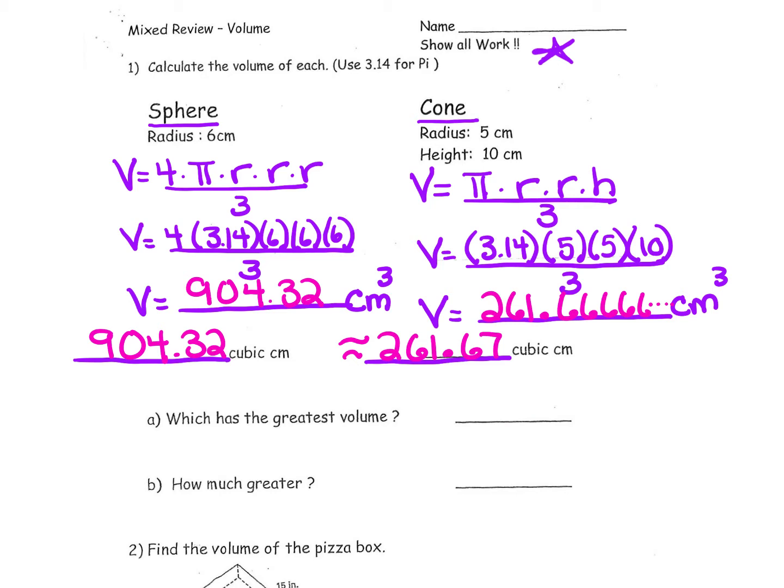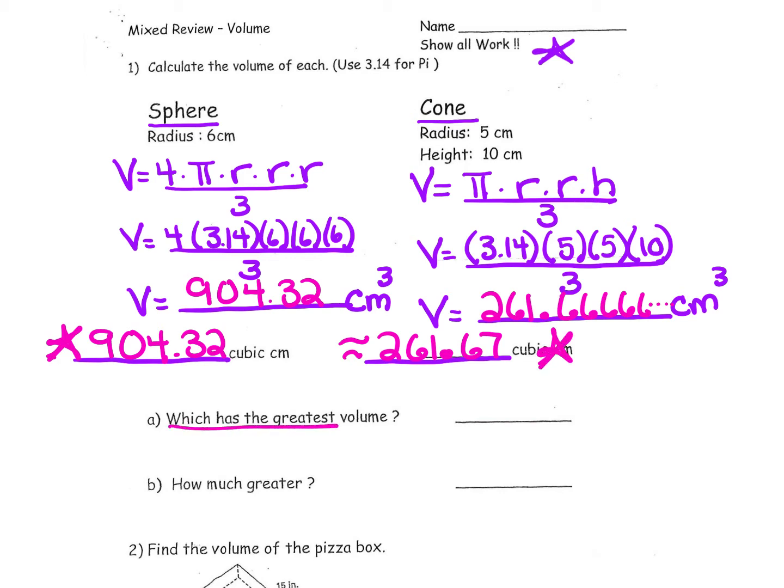For the sphere, you should have gotten 904.32. Give yourself a star if that's correct. For the cone, you should have gotten 261.66666 repeating. Rounded to the nearest hundredth, 261.67. Give yourself a star if that's correct.